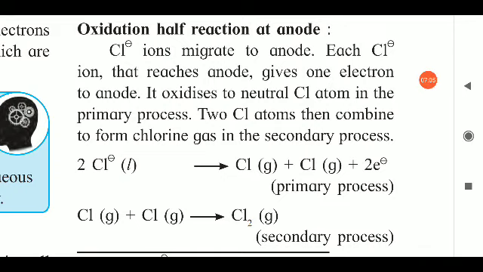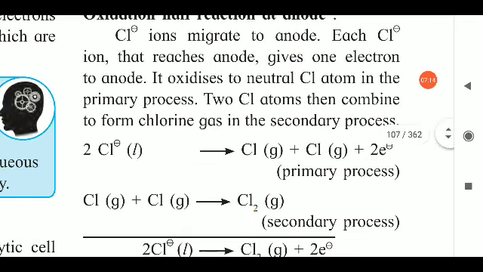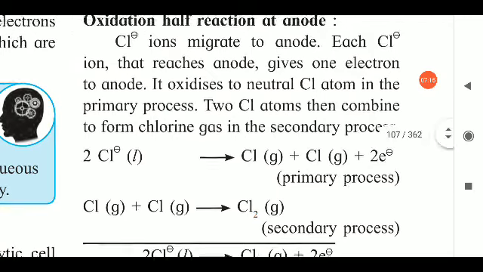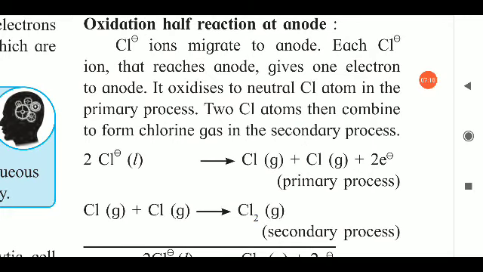Means if you look at the electronic configuration of chlorine, it is nothing but 2,8,7 for neutral chlorine. But if it has a charge of -1 over it, then it will behave as 2,8,8. Now students, that extra charge which is present on that Cl, it gives to its corresponding positive electrode, that is anode.